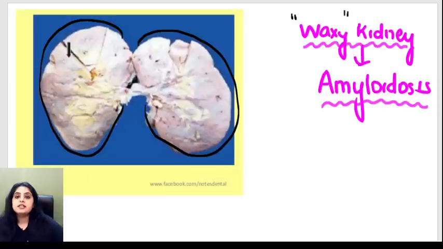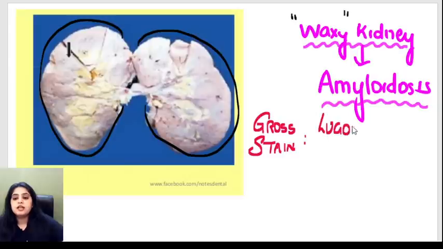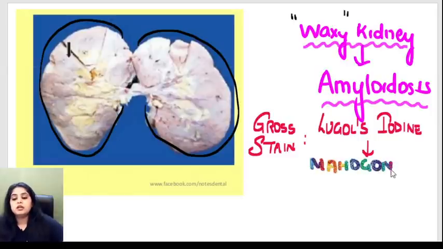Well, let me tell you further, is there any gross stain? You say that fine, I'm seeing a very waxy kind of appearance over here. Can I add something which will let me know whether it is amyloid or not? So the gross stain that we have is Lugol's iodine. And on adding Lugol's iodine, what color am I expected to get? We expect a mahogany brown color.